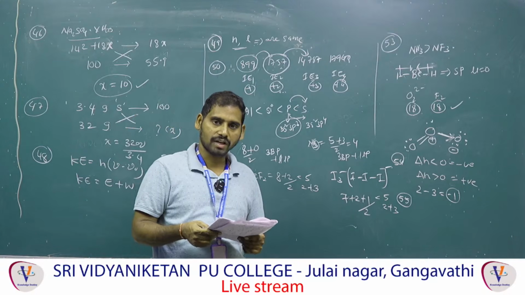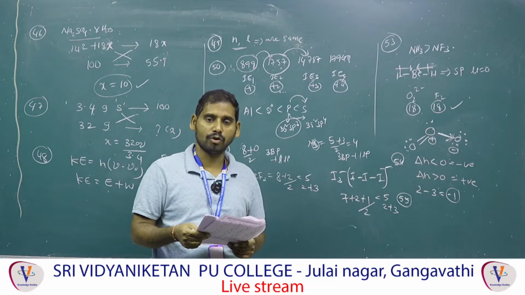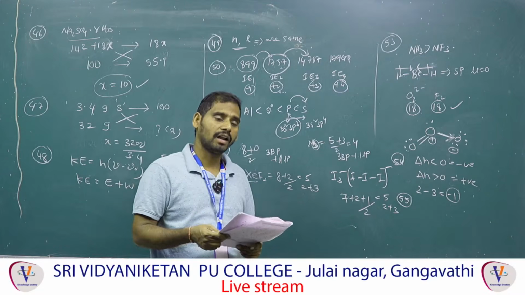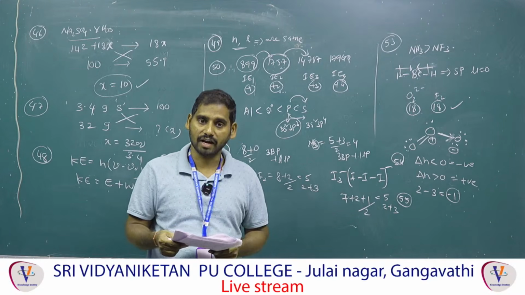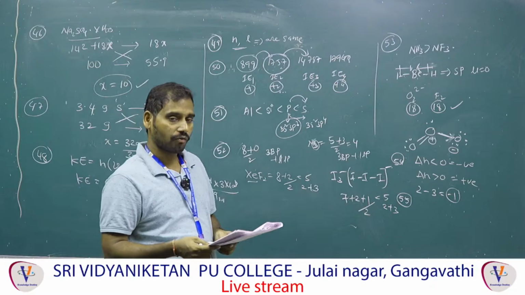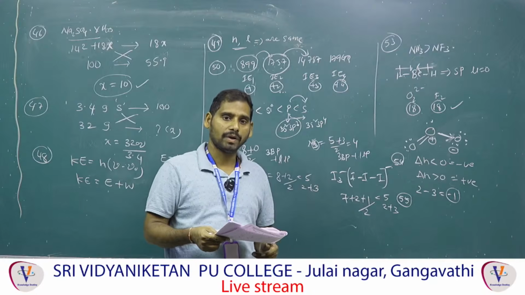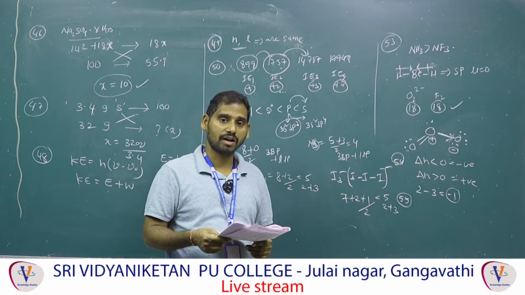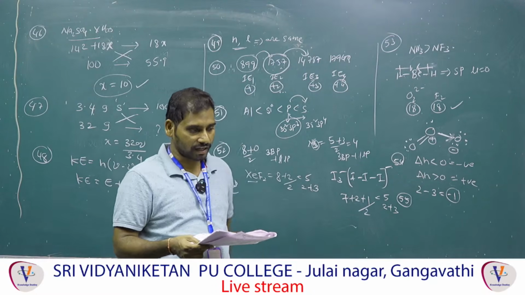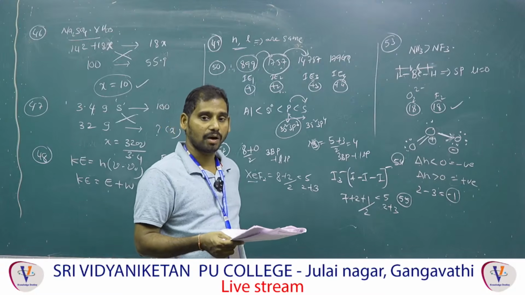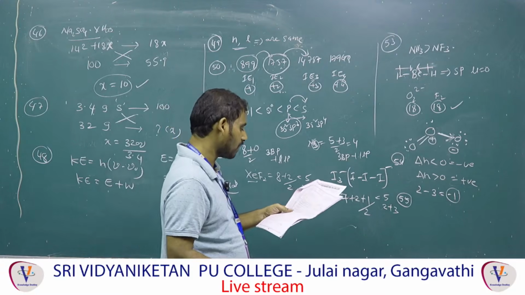For formation, it is enthalpy of products minus enthalpy of reactants. For combustion, it is summation of enthalpy of reactants minus summation of enthalpy of products. That is for combustion.